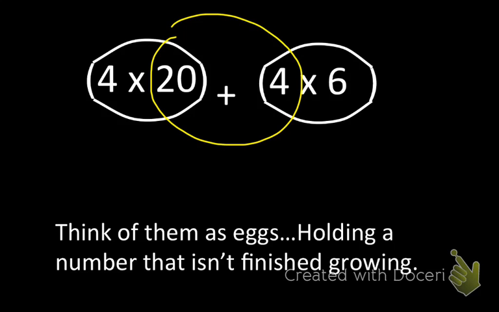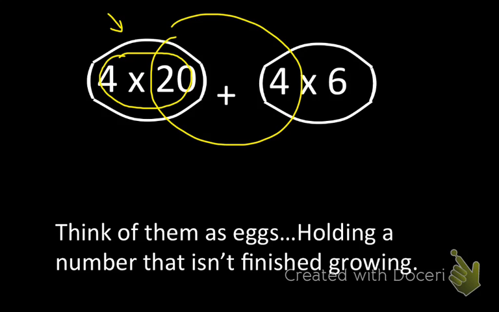What you want to do is make sure that you solve the problems inside the egg first, right? So we're going to do the 4 times 20 first and the 4 times 6 first. You've got to let whatever's in that egg turn into whatever animal it's going to turn into. For example, I've told you that this could be a dinosaur egg, or a snake egg, or a chicken egg. You don't know. If you crack it open and all you see is yolky goo, you'll never know what it is. So don't crack that egg open until you have found out what the value of that is.